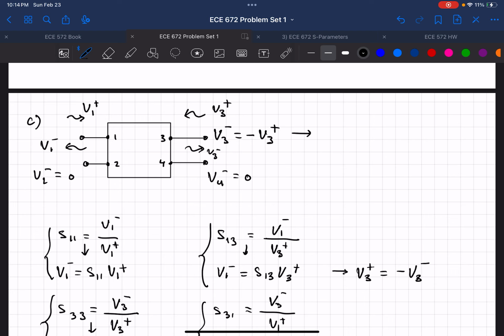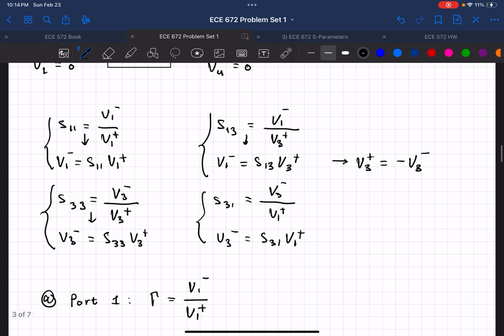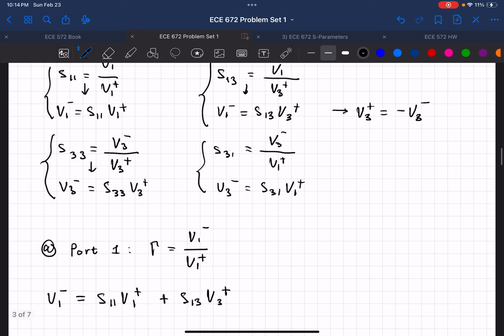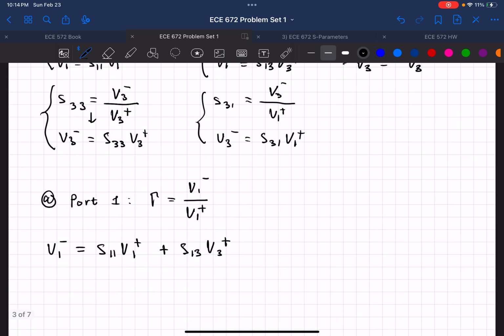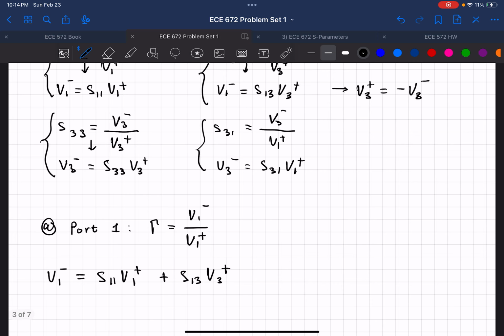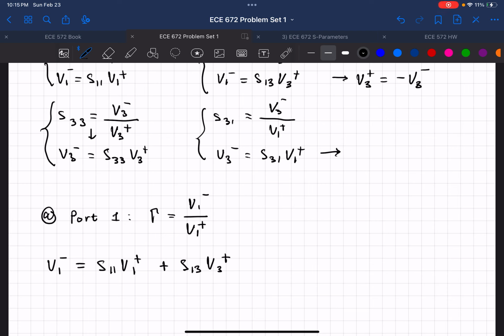V3 minus is equal to minus V3 plus, and we can also say that V3 plus is equivalent to minus V3 minus. So in this case, minus V3 minus is equivalent to minus S31 V1 plus.